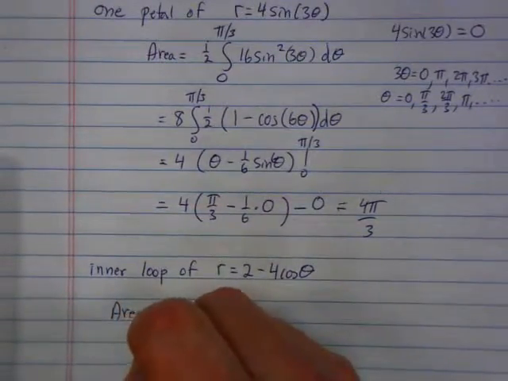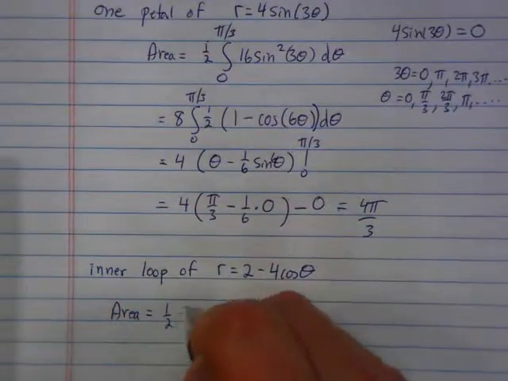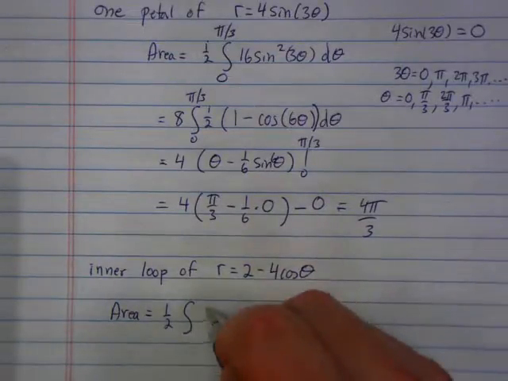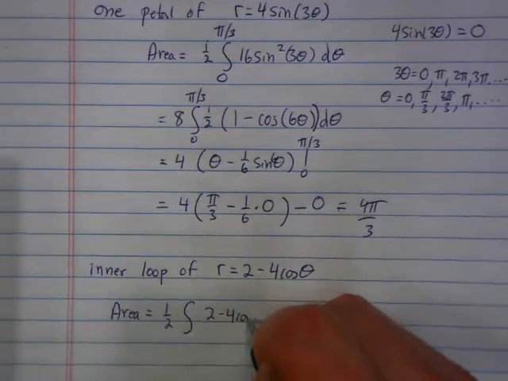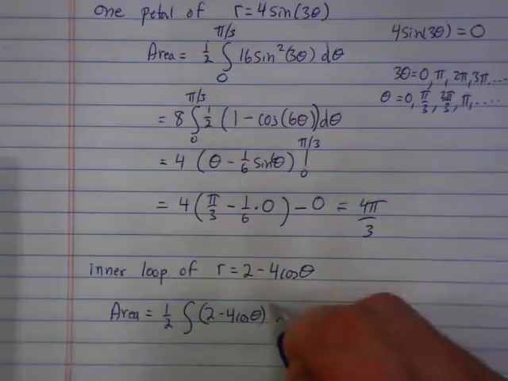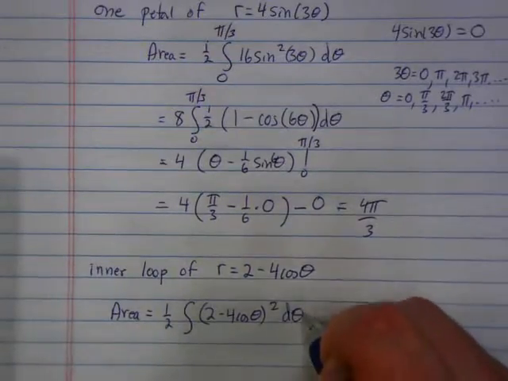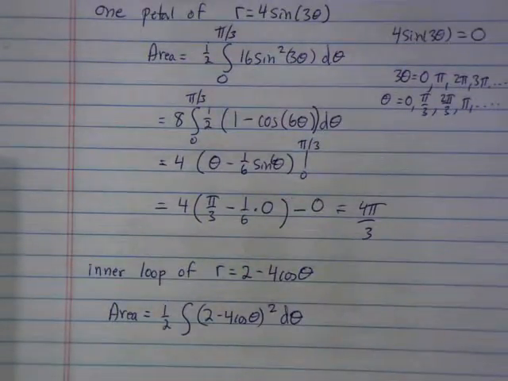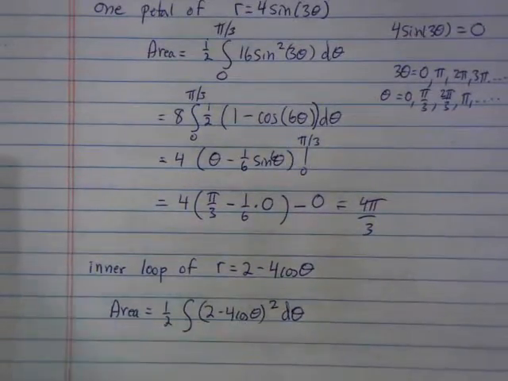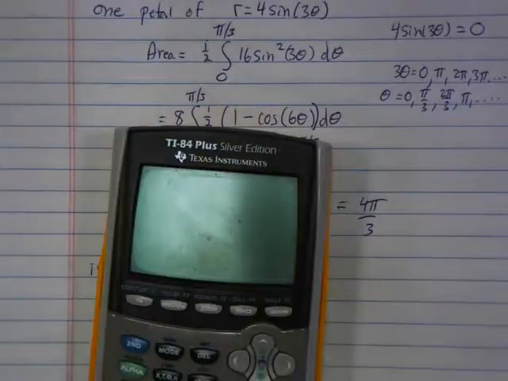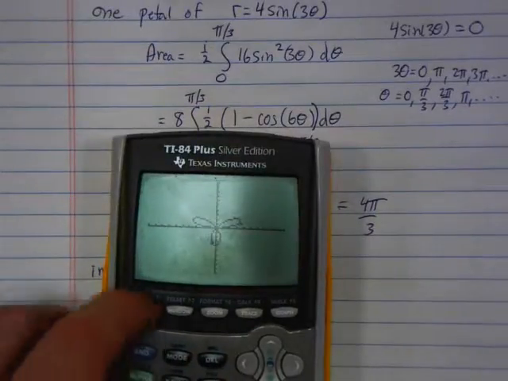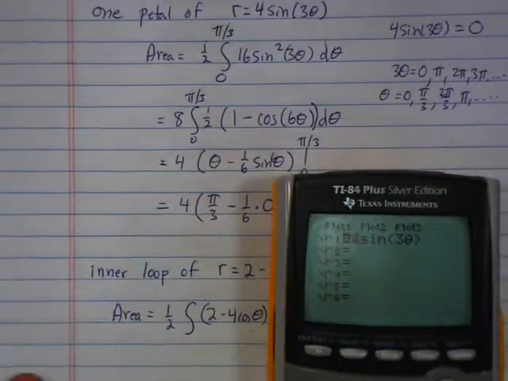The area is 1/2 the integral of the radius, 2 minus 4 cosine theta, squared d theta. Once again, the hard part is determining what values to use for theta. So I go to my calculator and draw myself a picture.